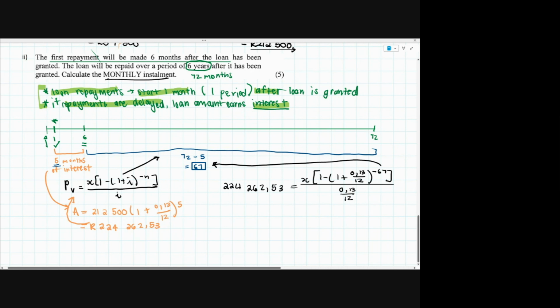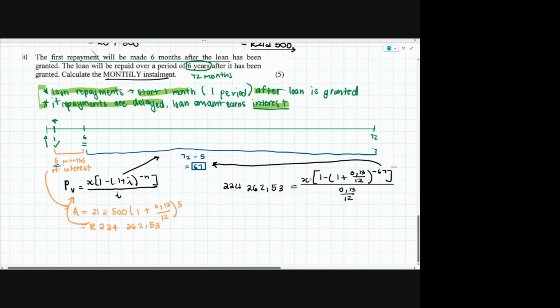Now, guys, again, it depends how comfortable you are with your formulas. If you think back to fractions from grade 8, grade 9, remember what this is saying is X times all of this stuff over here. That is what that fraction is saying to you. So technically what you could do is just take that whole situation and divide the 224,262 by it. Obviously, it's not the nicest thing in the world, but you can do it. If you don't want to do that, remember I said, rather do things step by step.